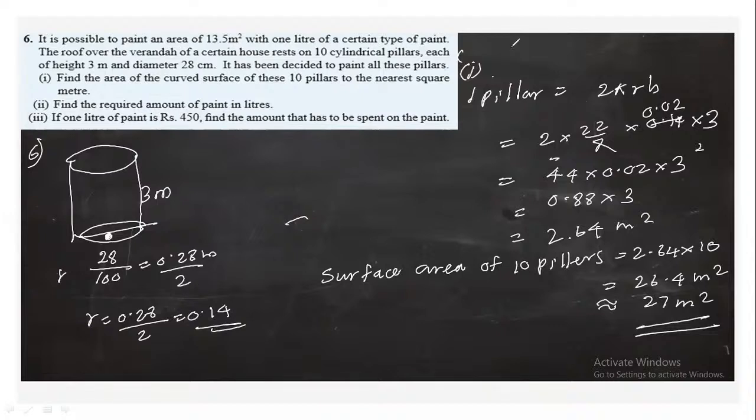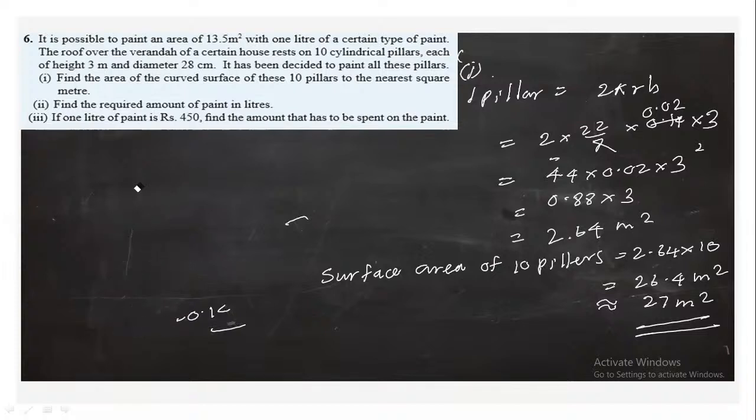Next, second part, I have to manage the space properly. Second one, find the required amount of paint in liters. With 1 liter, they can apply 13.5 square meter area.